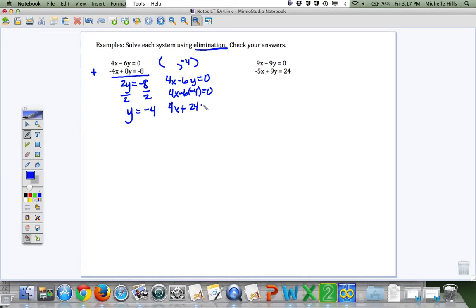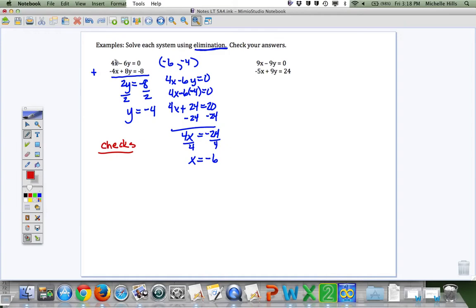So 4x plus 24 equals 0. I would subtract 24 from both sides to eliminate that constant on the left and get 4x equals negative 24. Then when I divide both sides by 4, I get x equals negative 6. Now, you are required on your homework to show these checks.